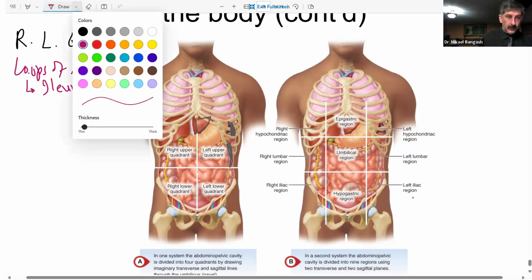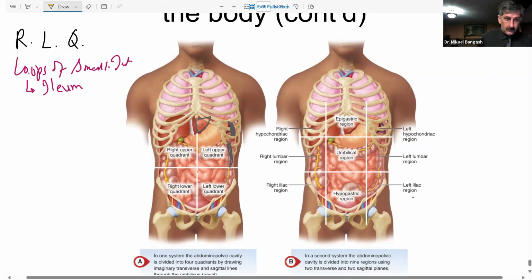Then we can say, what we do is we go into large intestine. Let's say colon.